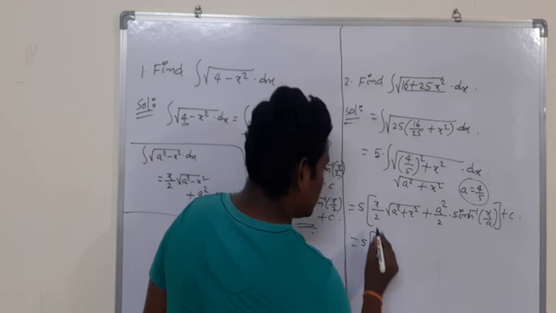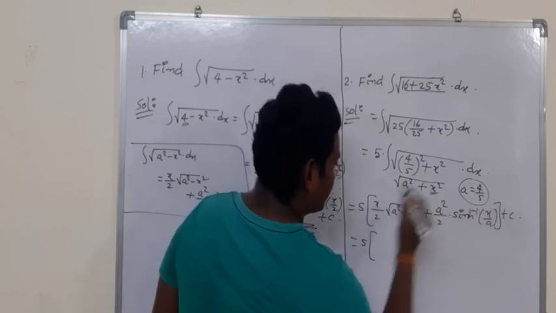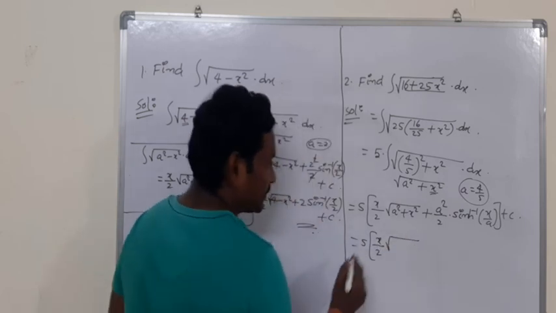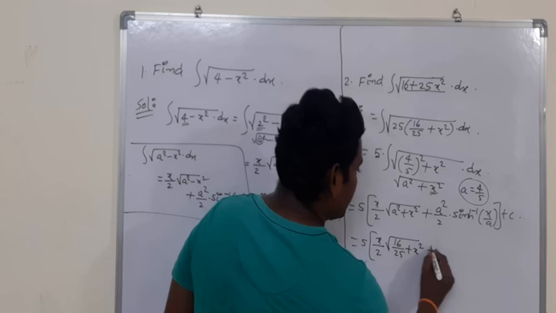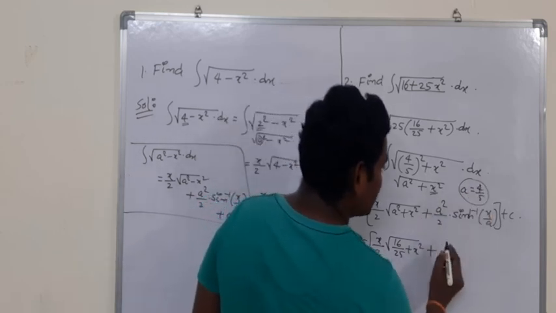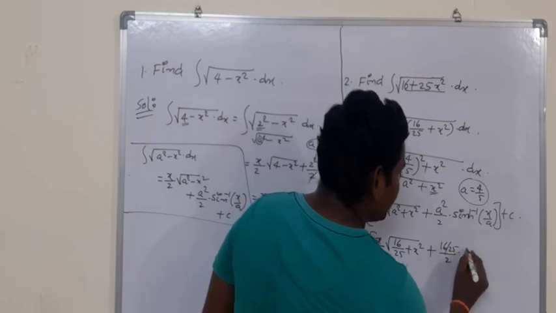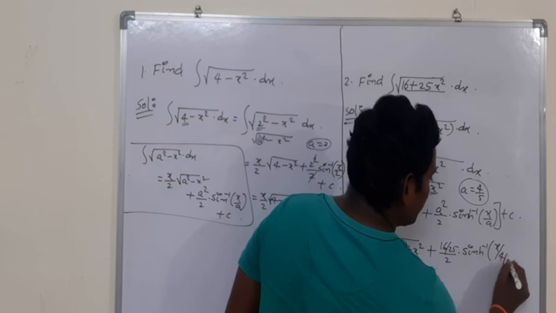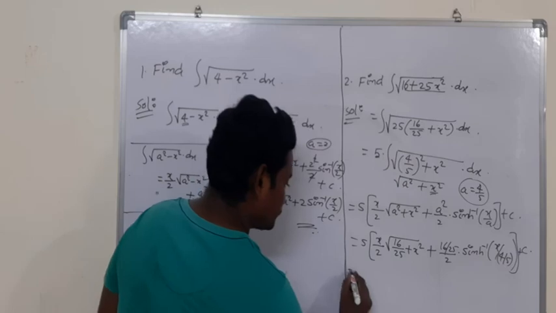So 5 into, already we have x as x only, but a is 4 by 5. So you will get x by 2 into root over a square, which is 4 by 5 whole square, that is 16 by 25, plus x square, plus a square. A square is nothing but 16 by 25 by 2 into sin h inverse of x by a value, which is 4 by 5, plus c.